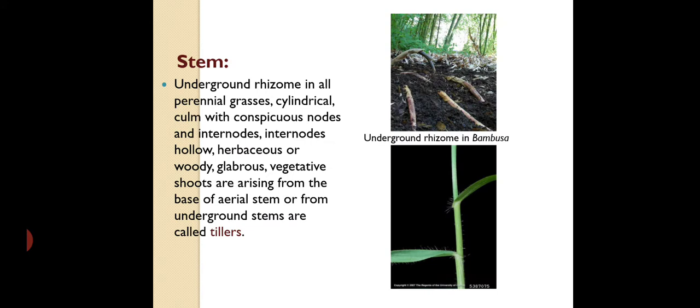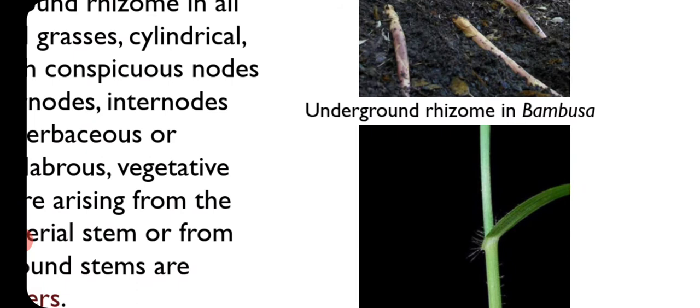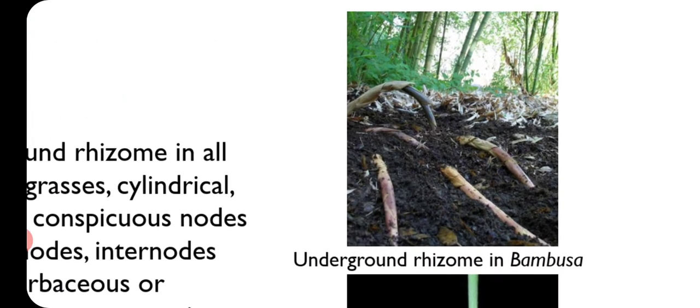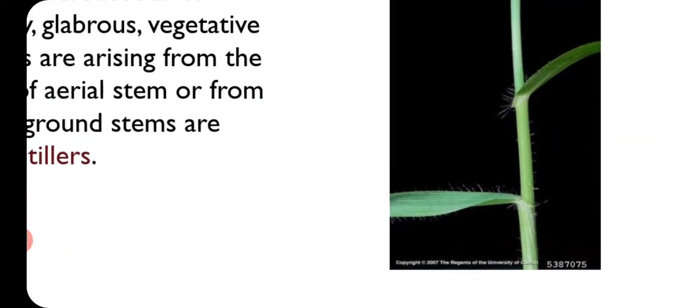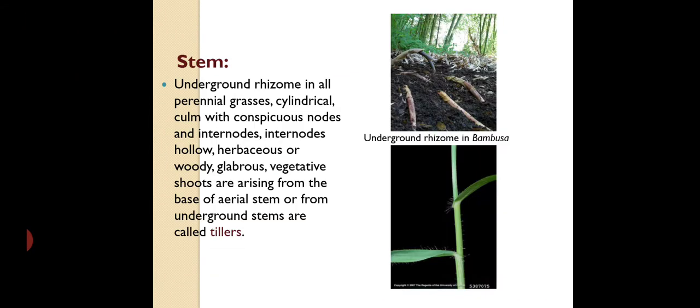Then coming to the stem, the presence of an underground stem is a common occurrence. Here we can see the underground rhizome in Bambusa, that is bamboo. Perennial grasses are cylindrical with conspicuous nodes.